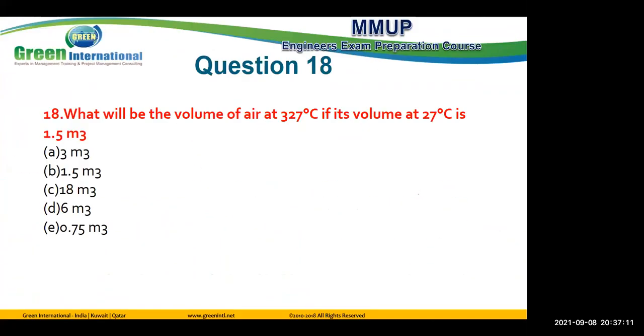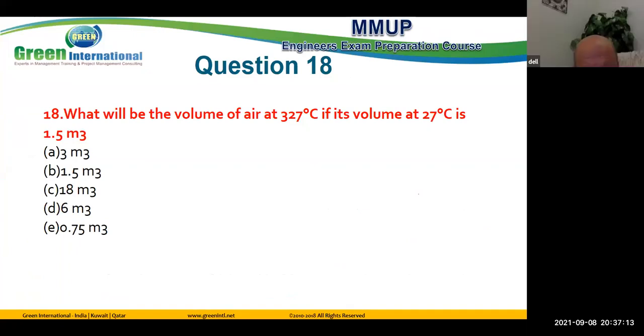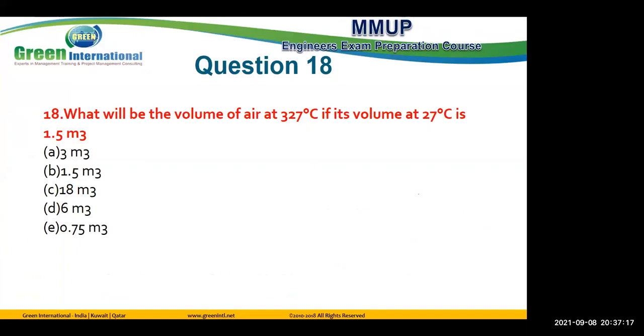What will be the volume of air at 27 Celsius if its volume at 27 Celsius is 1.5 meter cube? Here requested is volume. This is T1, and the volume at this T2 is V2.